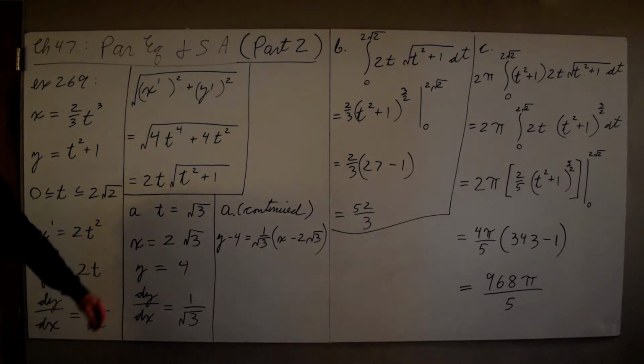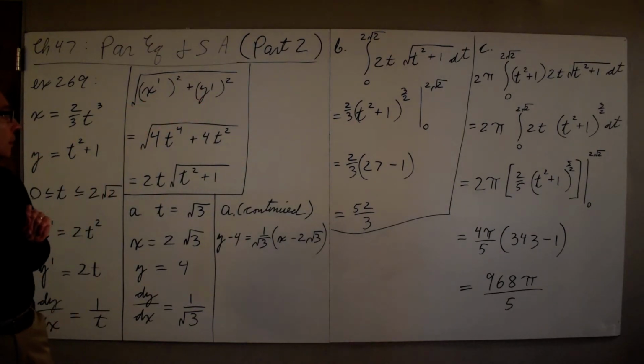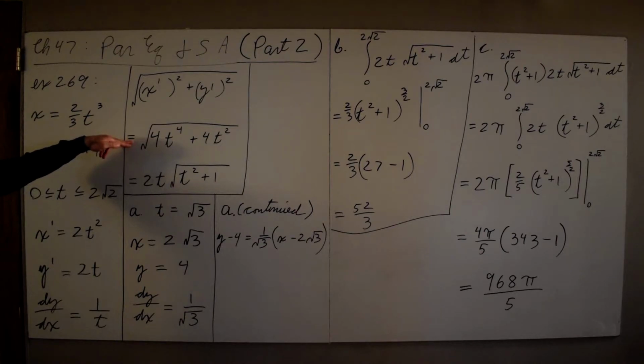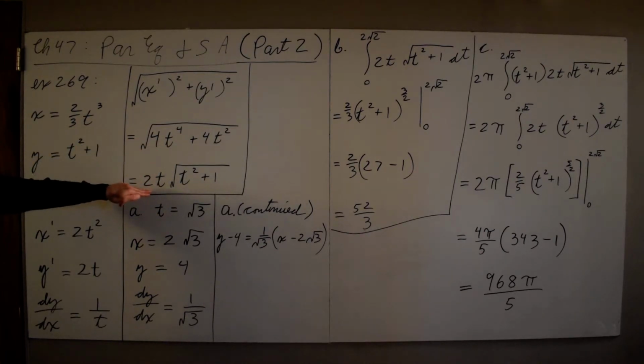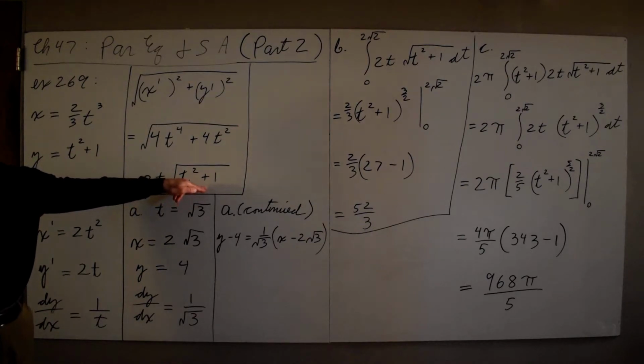And then we will simplify the square root of x prime squared plus y prime squared, because we'll use this expression in parts b and c. And so this is just the square root of 4t to the 4th plus 4t squared. We factor out a 4t squared out of the square root. It comes out as 2t. So we have 2t times the square root of the quantity t squared plus 1.